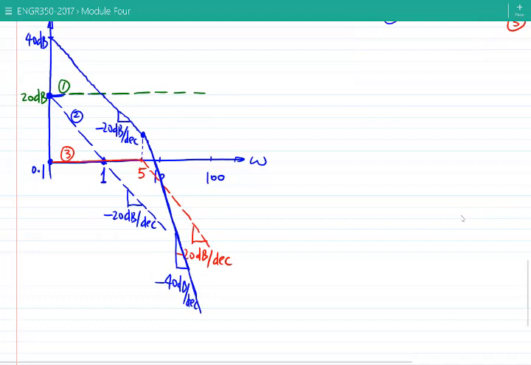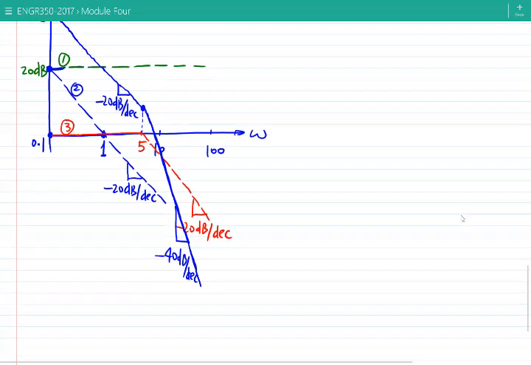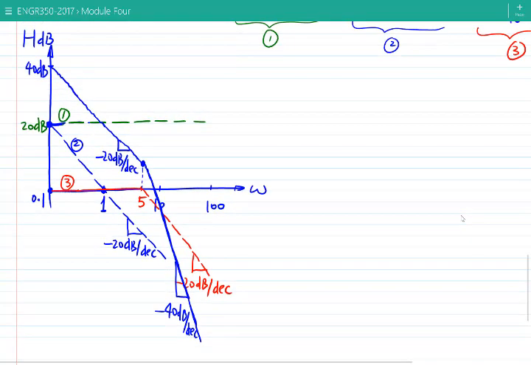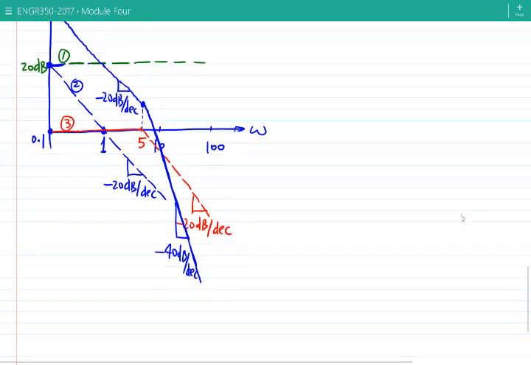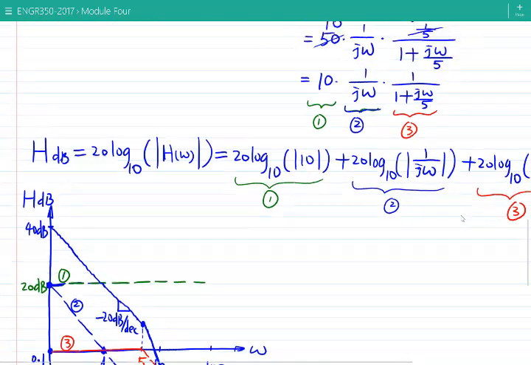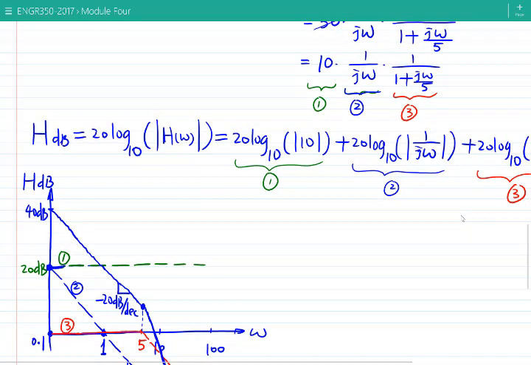Okay, so this is the Bode plot for the magnitude plot. So let's look at the Bode plot for the phase angle plot. The total phase angle phi, we have three factors, so we sum up the phase angles for the three factors to give us the total angle.